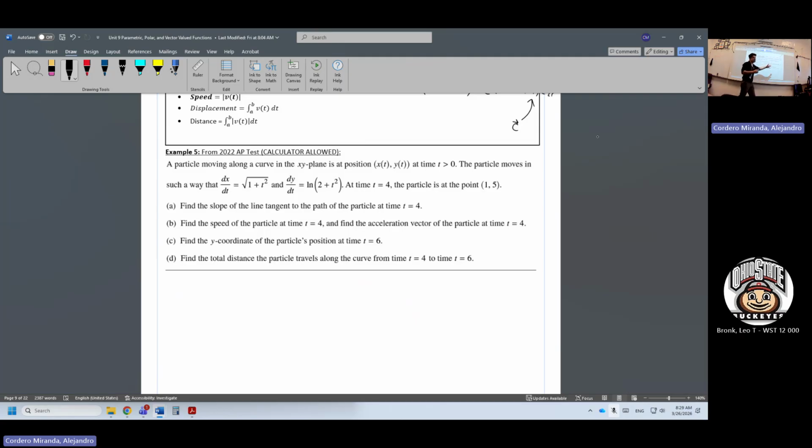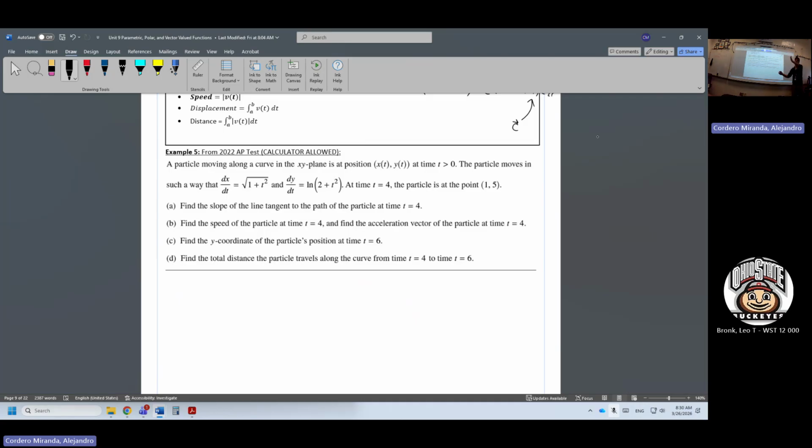And I keep saying it's important because it used to be absolutely 100% guaranteed that they put this question on, with different functions possibly, but usually the same part A, same part B, same part C, same part D, every year on the test. I'm saying they used to do that because I told them exactly that last year, and then they changed it for the 2025 test. They put a polar function question on there, making me look bad. But it was like for 5 or 6 years in a row, it was this question.